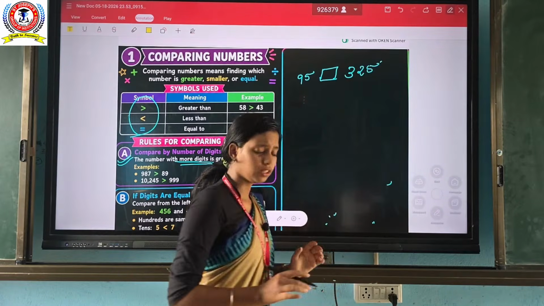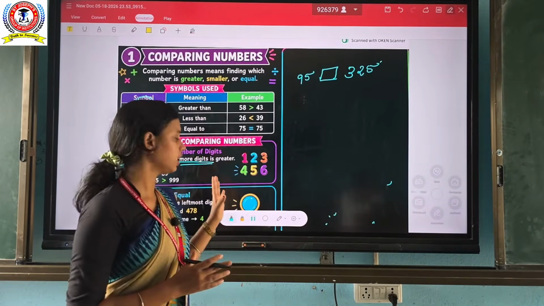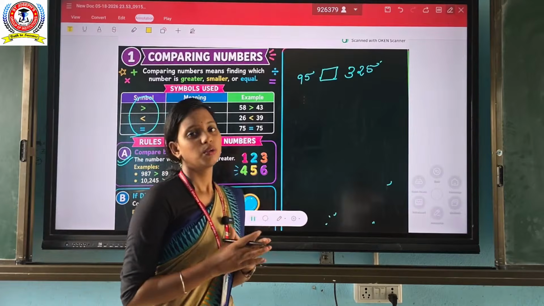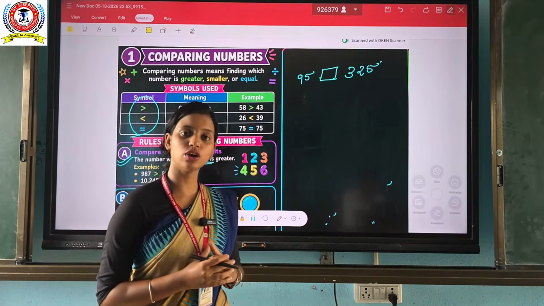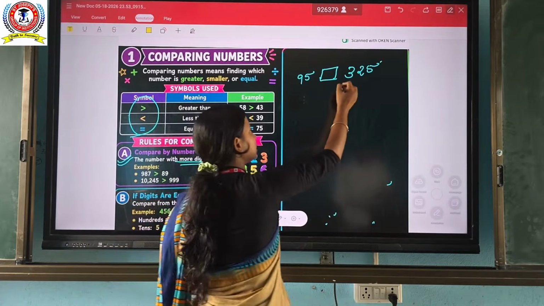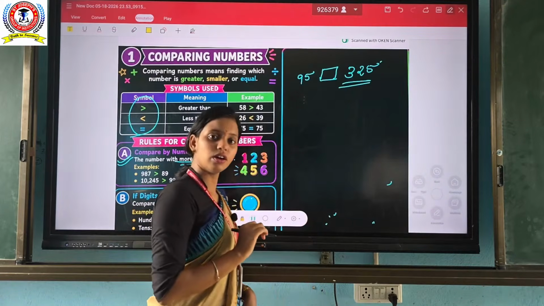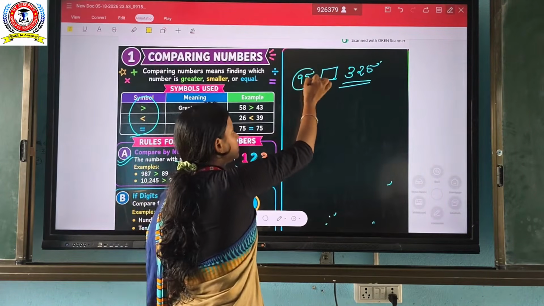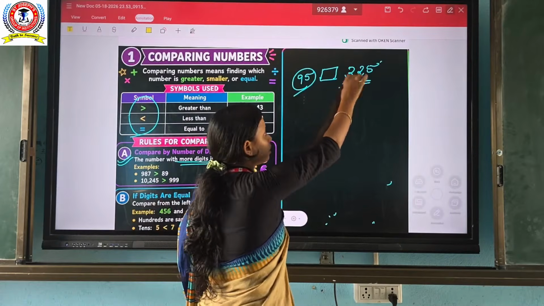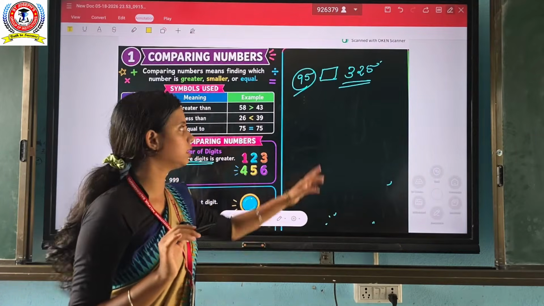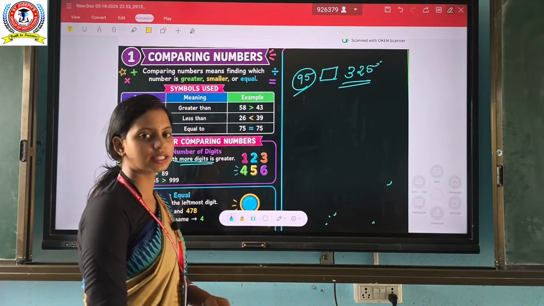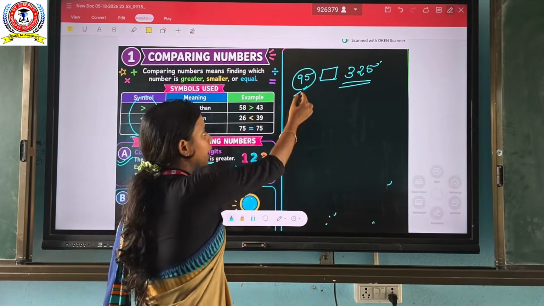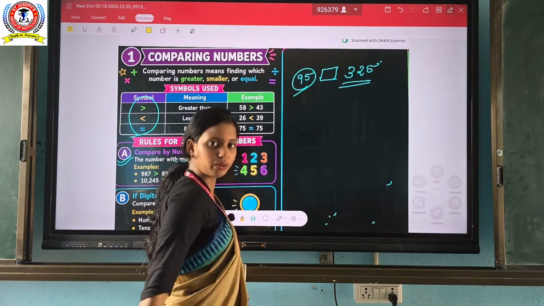As rule 1 says, the number which has more digits is always greater. So this 325 is greater than this 2-digit number, and 95 is smaller than 325.